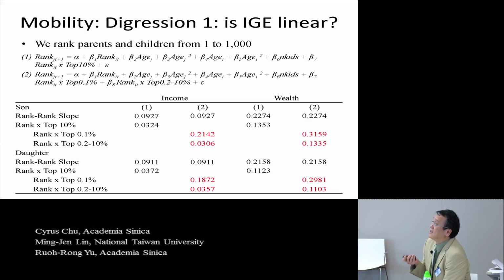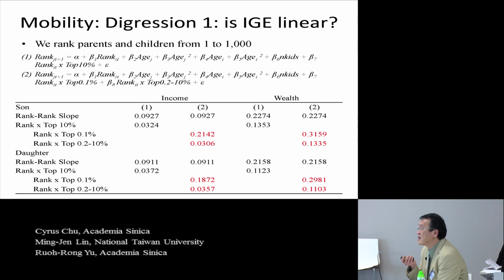So is that rank IGE linear? It turns out that it doesn't look like the case in Taiwan, because if we add an index variable, the interaction term of the top income group is always significant, and it's very large.